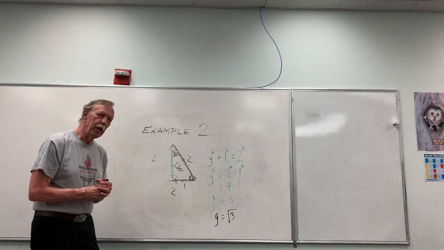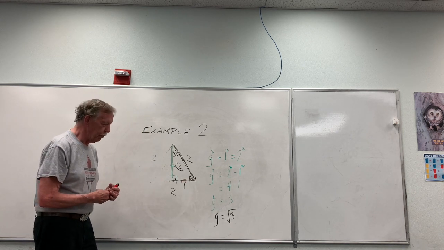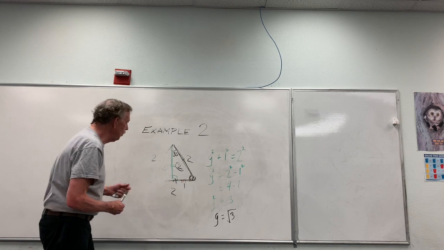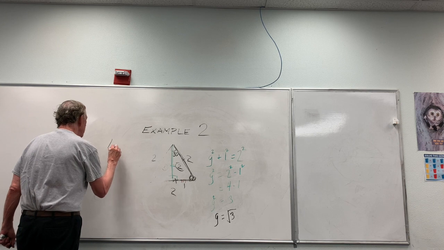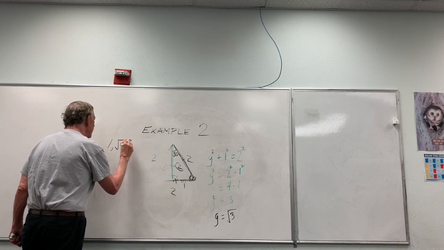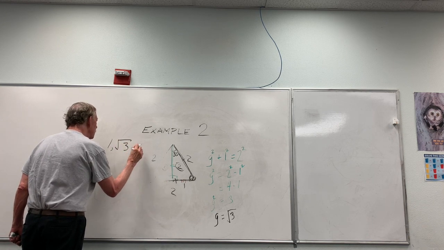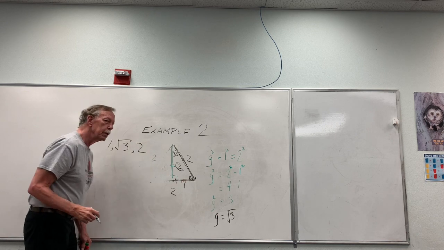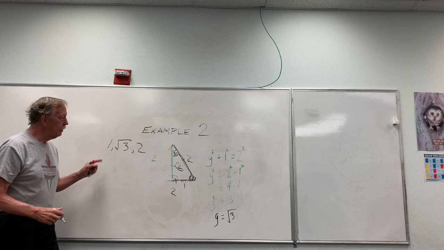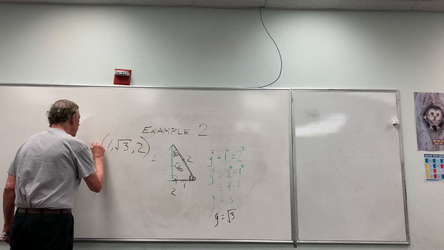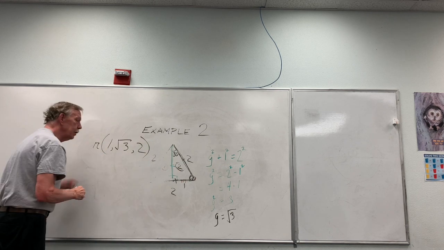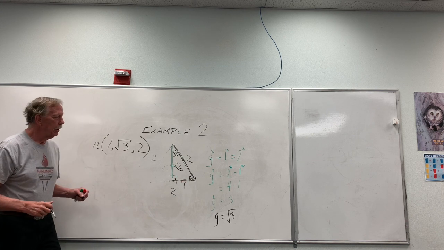This particular triangle appears in many problems, and so it's worthwhile to remember the ratio: 1, square root of 3, 2. Because similar triangles are proportional, we put a multiplier out here, call it n.